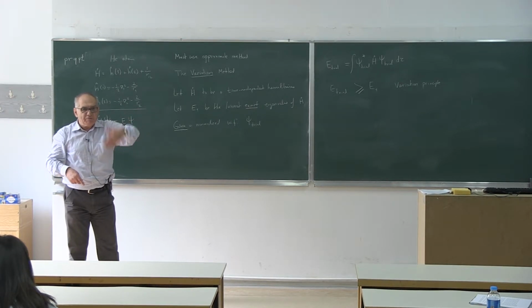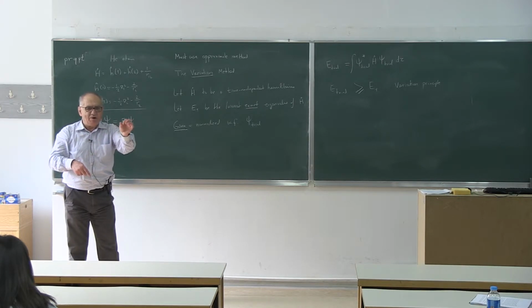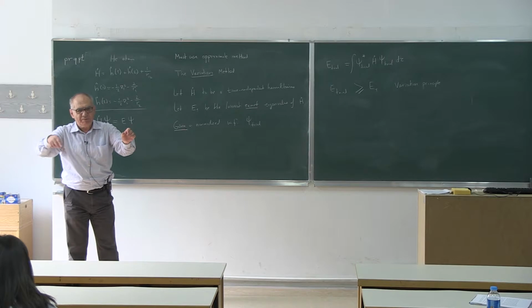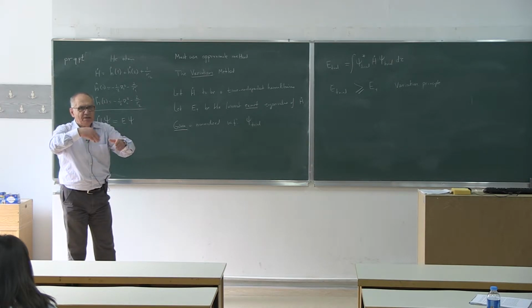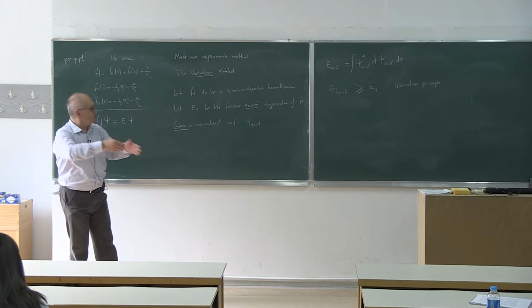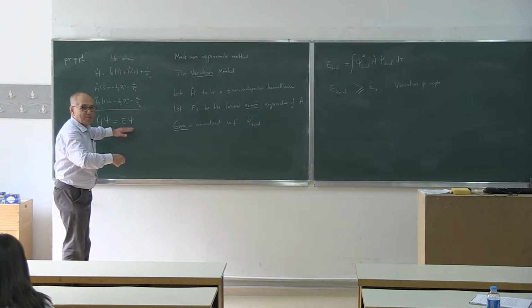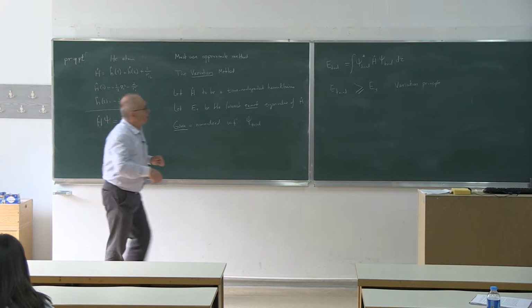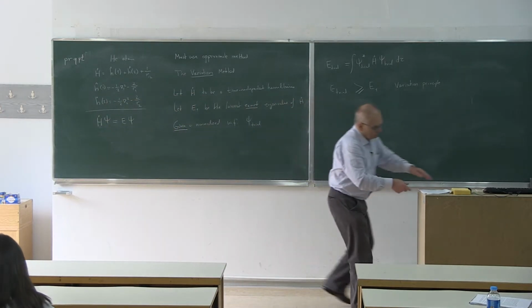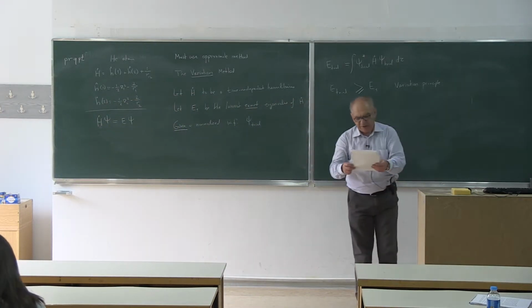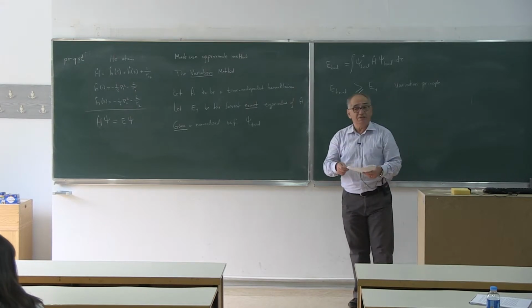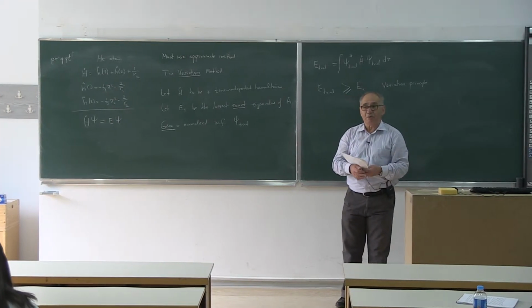So we use that information for the simpler operators which commute with the Hamiltonian to deduce some useful information about the solutions of this problem. Now, one such operator, for atoms, is the total orbital angular momentum.